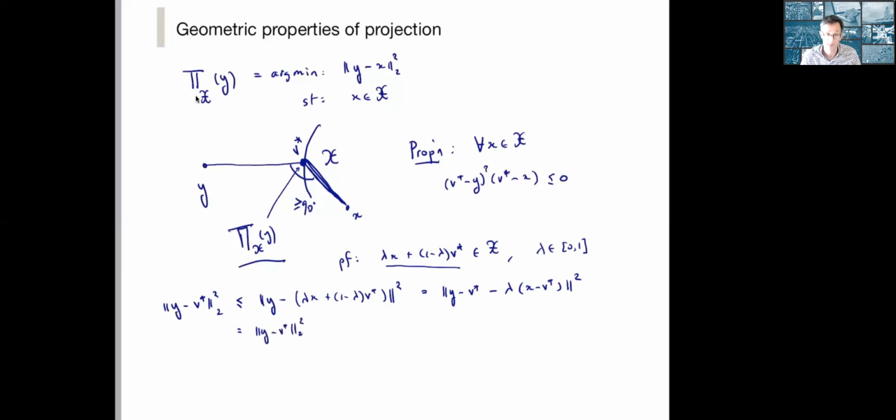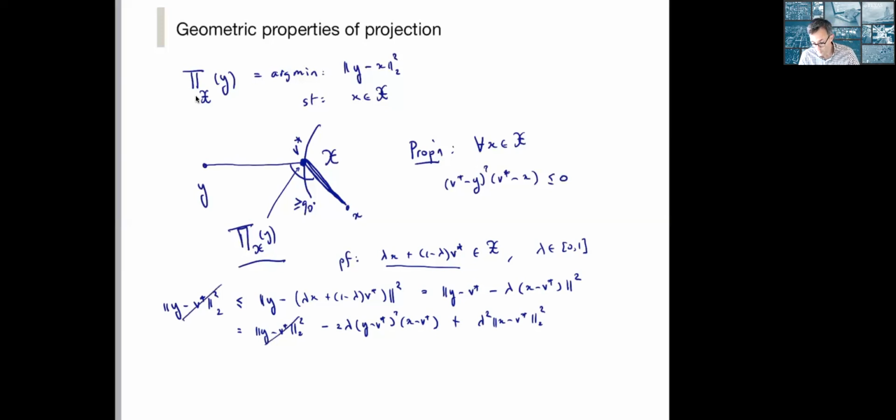You can see that I have the same thing on the left-hand side, so that is going to cancel. Minus twice lambda times y minus v star transpose x minus v star, plus lambda squared times x minus v star squared. So what do we see here? First of all, this cancels.